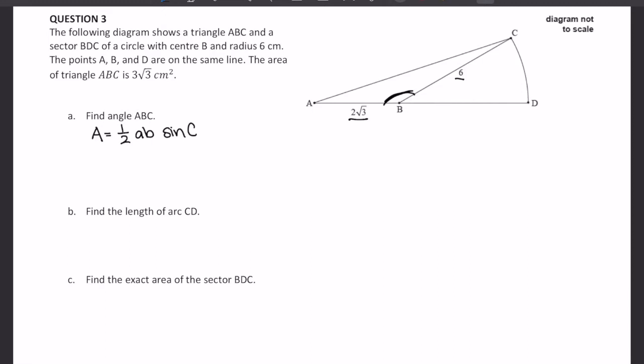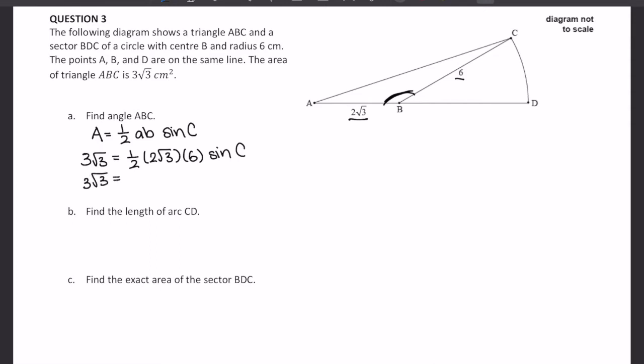We're given that the area is 3√3, and our two sides are 2√3 and 6. The angle we're looking for is the one between these two sides, so we can use this formula. And then we'll go ahead and simplify the right-hand side.